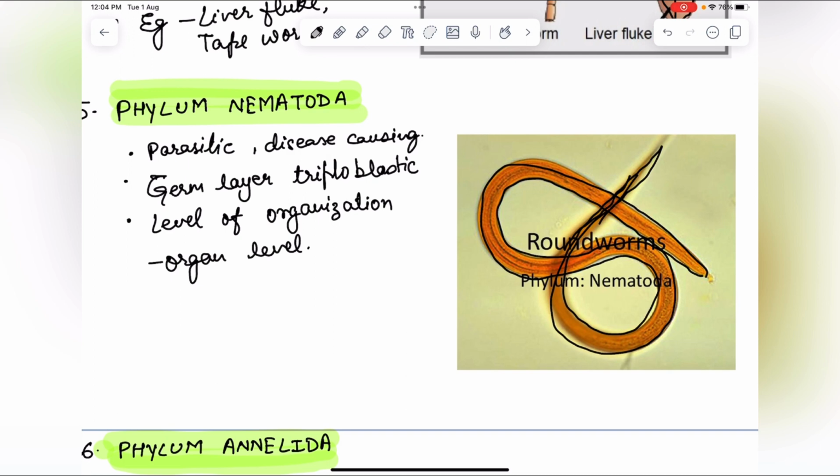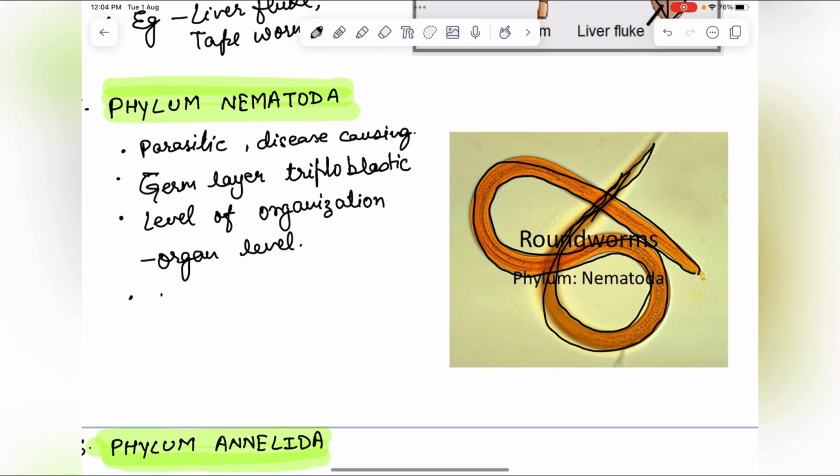They have a tube within tube body plan. Pseudocoelom is present. Pseudocoelom is what? False coelom is present in that. They are pseudocoelomate.